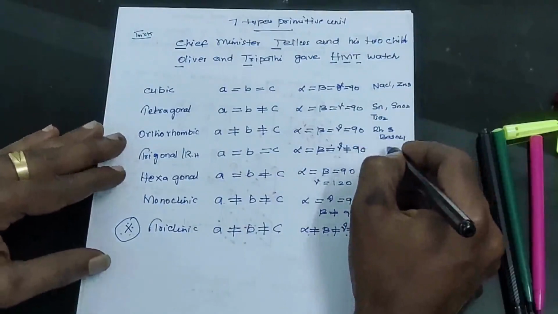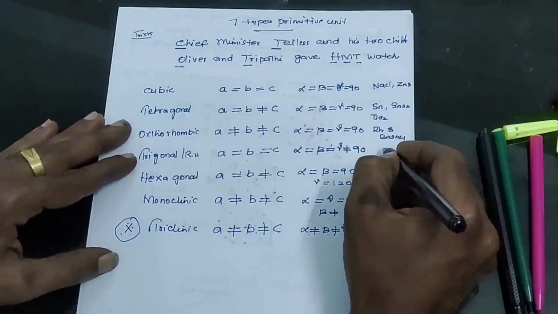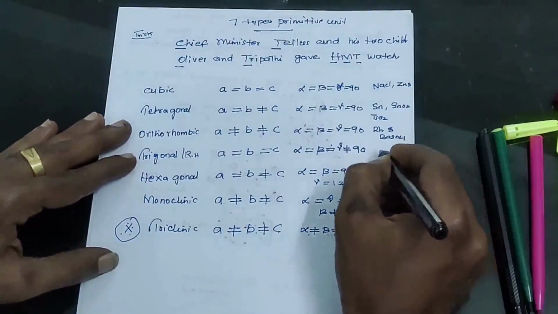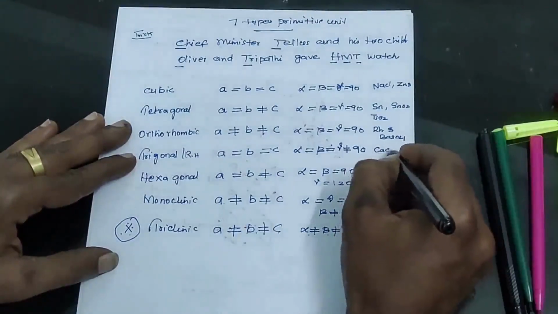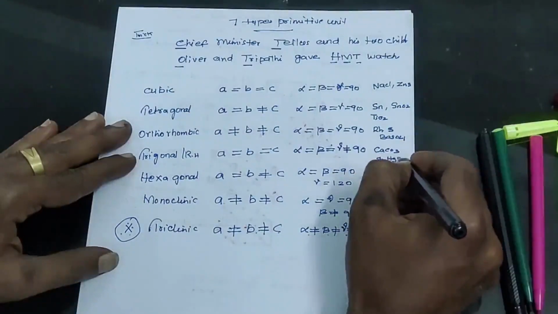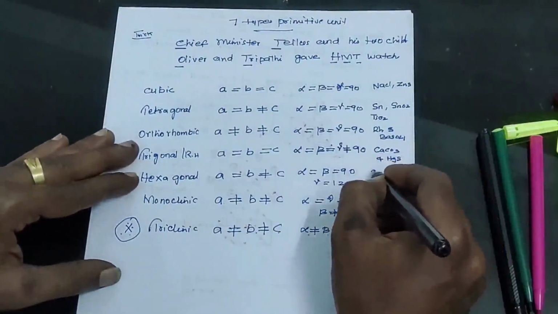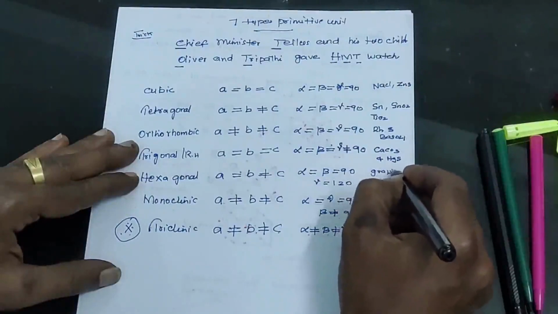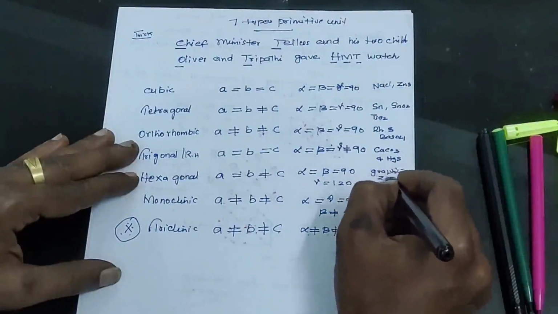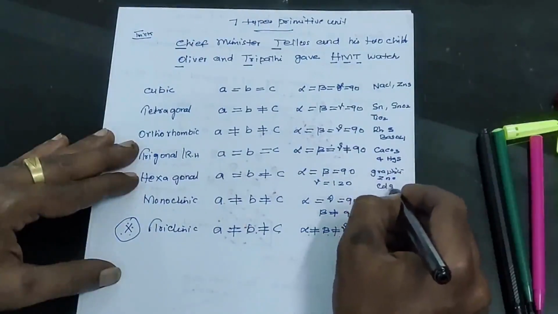Then trigonal or rhombohedral: calcite CaCO3 and cinnabar, the ore of mercury, that is HgS. Cinnabar is an example of trigonal. Then hexagonal: graphite, zinc oxide and cadmium sulfide.